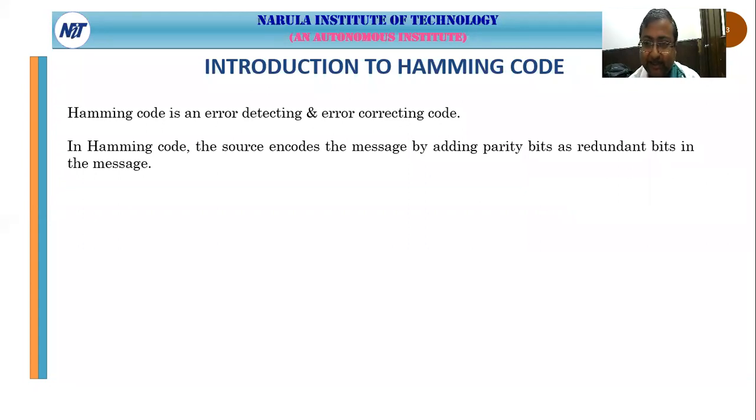Then using some parity bits, I will come later to how the parity bits will be added to the message bits. Then suppose 3 parity bits are added with the 3 message bits. Then you send the 6-bit Hamming code to the receiver.